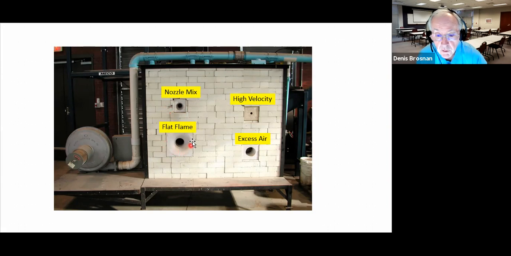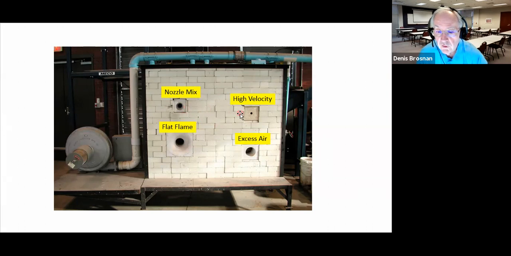A flat flame burner, you can see the curved face of the burner, so that's a dead giveaway that we have a flat flame burner used in a combustion device. An excess air burner is used where we're trying to use a lot of excess air to make sure that the temperature of the flame coming out is lower than might be produced in a nozzle mix burner.